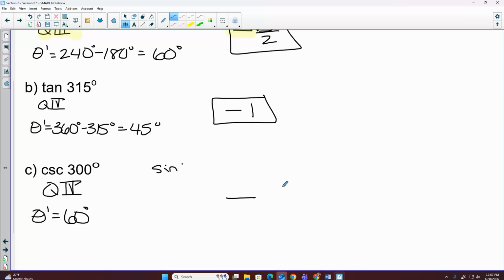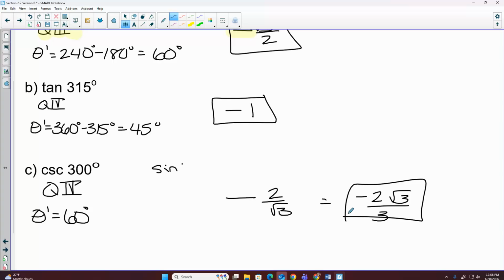Okay, the sine of 60 degrees is radical 3 over 2. So cosecant would flip it, so we get negative 2 radical 3 over 3. You guys understand how I'm getting these?